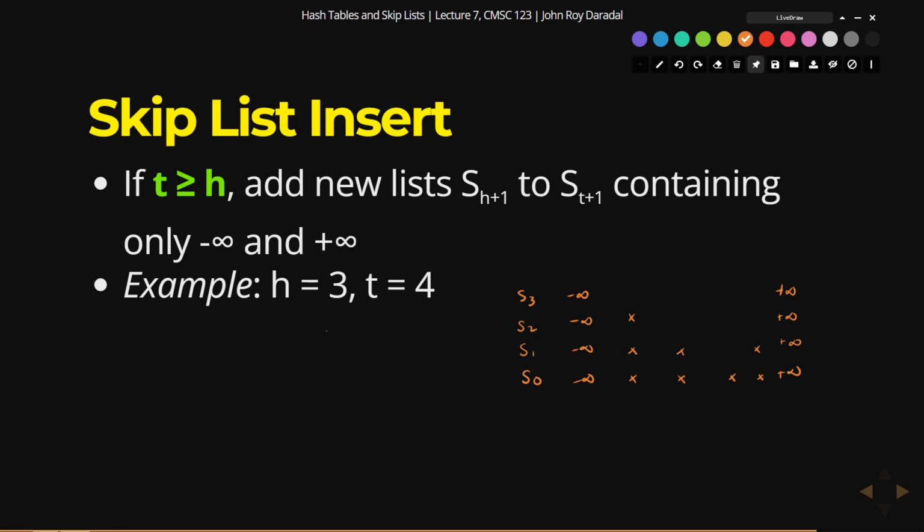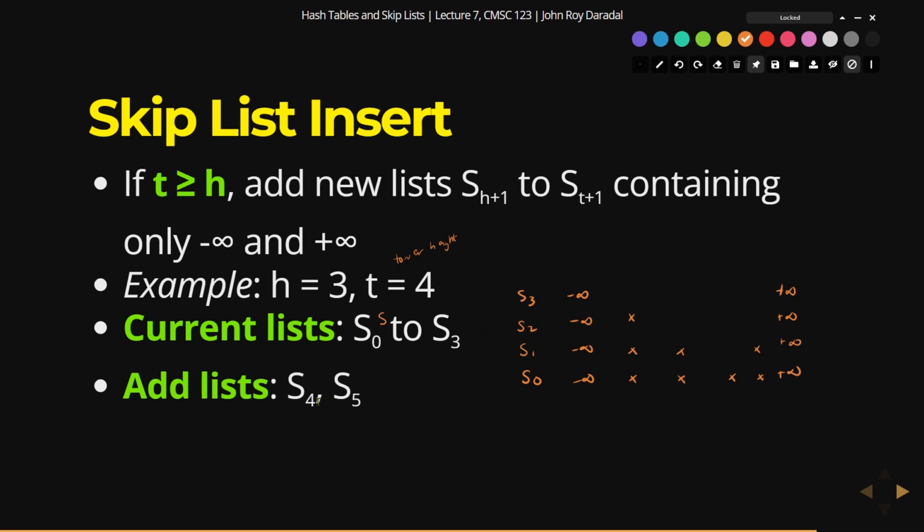So if your new tower height is 4, you'll have to add new lists up to t plus 1. Your current lists are from S0 to S3, so you need to add lists S4 and S5, because it's up to S sub t plus 1. So t plus 1 is 5, so S5 is your new limit.